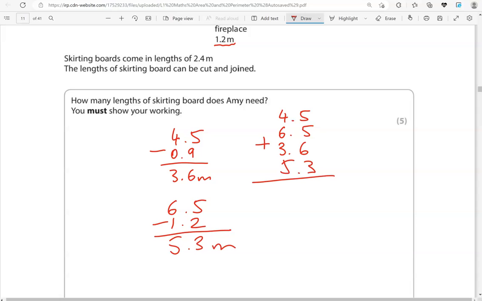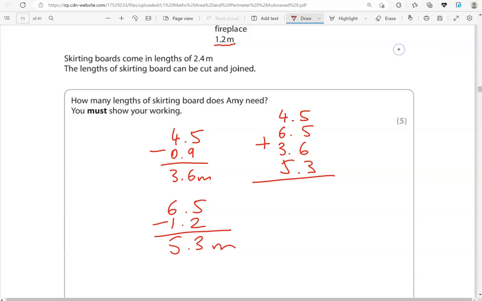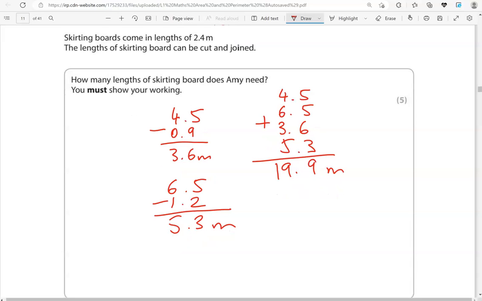So adding all of these together now, 5.3 plus 3.6 plus 6.5 plus 4.5 gives us 19.9 meters. And the skirting boards come in lengths of 2.4 meters.